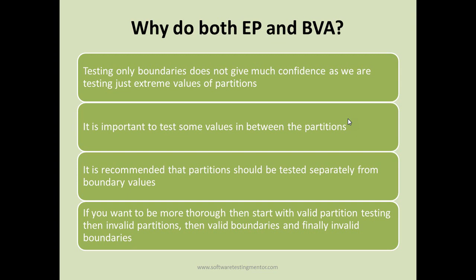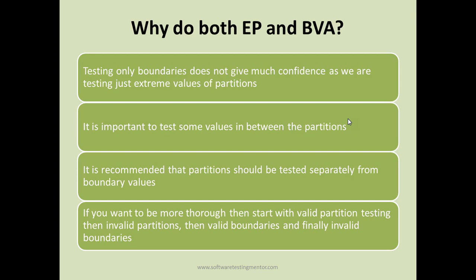It's because testing only boundaries does not give much confidence, as we are testing just the extreme values of the partitions. If you're just doing equivalence partitioning and checking a few values in between randomly and not checking the boundaries, or you are just checking the boundaries and not the values in between of the valid and invalid partitions, that does not give you complete confidence.